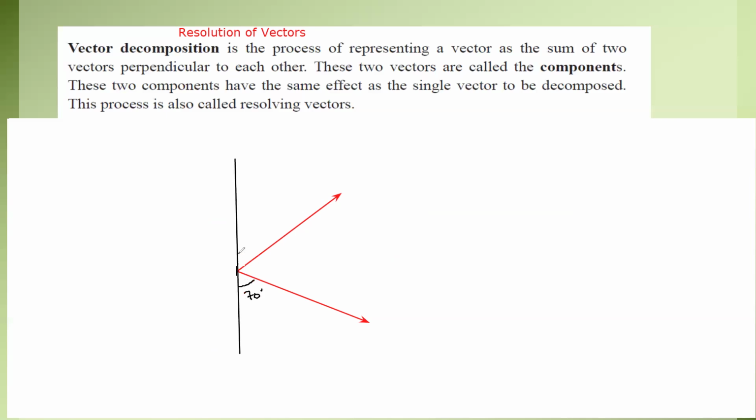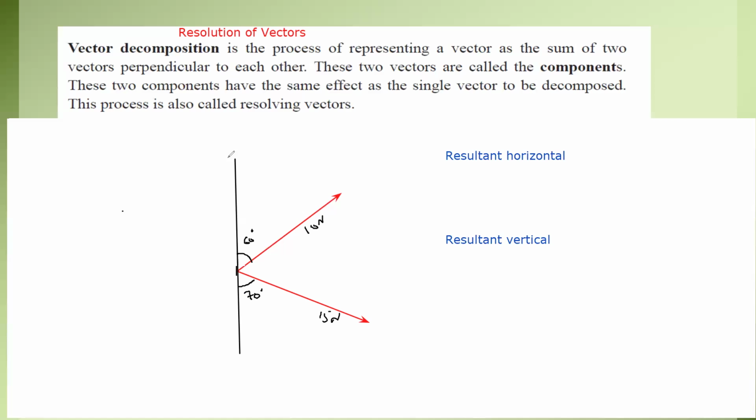So this one is 70 degrees from the vertical, and this one is, for example, 60 degrees with the vertical. The magnitudes of these vectors are also given. This one is, for example, 10 newtons, and this one is 15 newtons. We want to find the resultant horizontal and the resultant vertical.